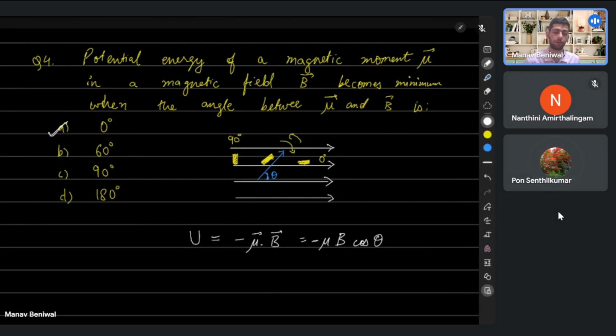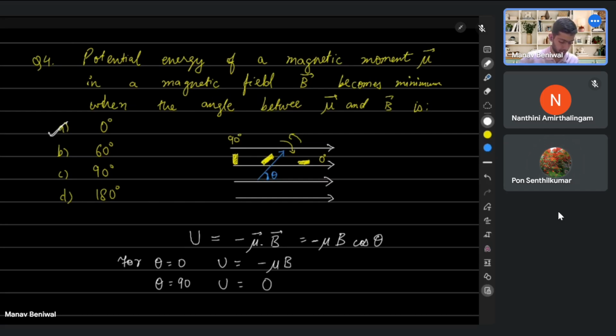So when our theta is 0, cos theta will be 1. For theta equal to 0, our U will then be minus mu B. And when theta is 90, our U will be 0.